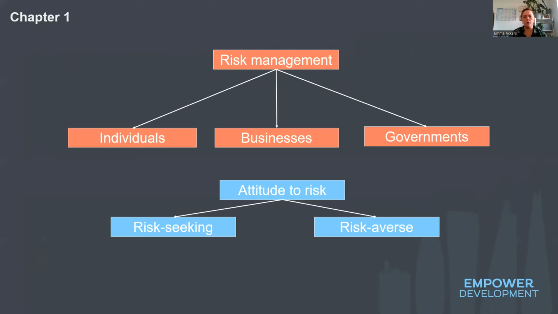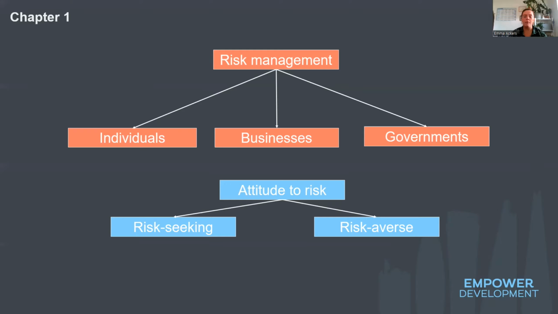As individuals, things like age, personality, gender, wealth, experience of life and culture can influence what our attitude is towards risk. Businesses can identify their risk as well in their annual reports and in their accounts. So there's a number of factors that influence our attitude to risk.